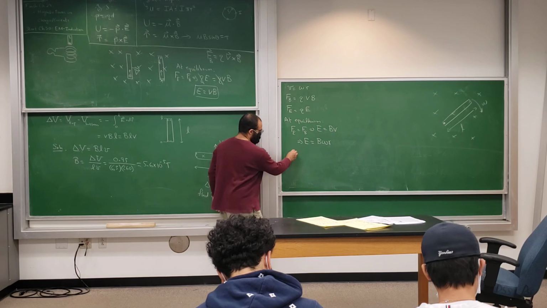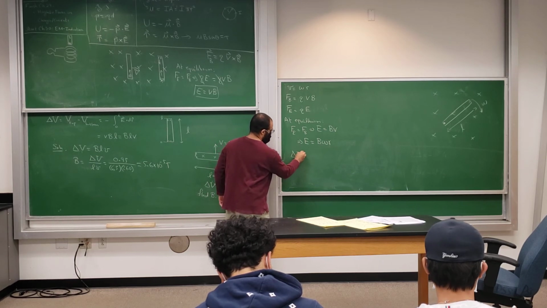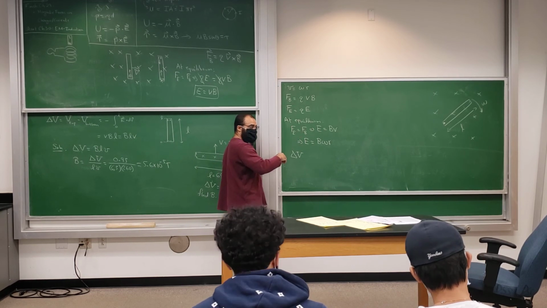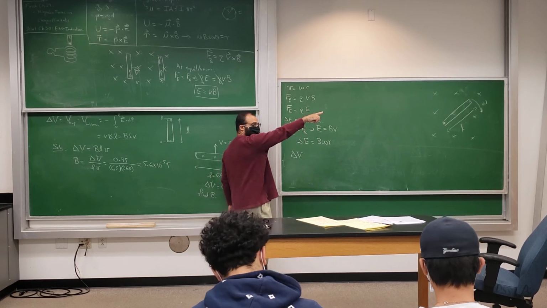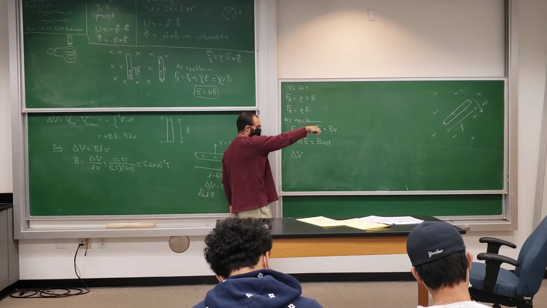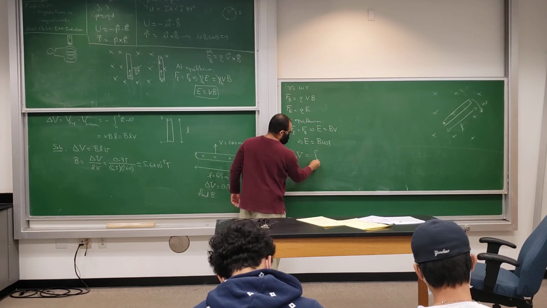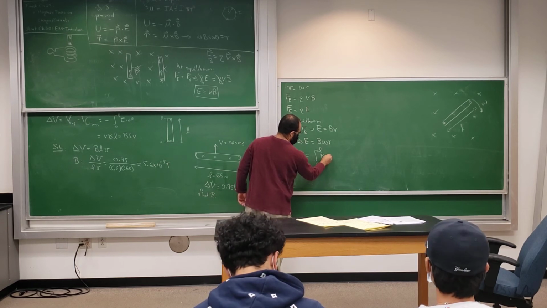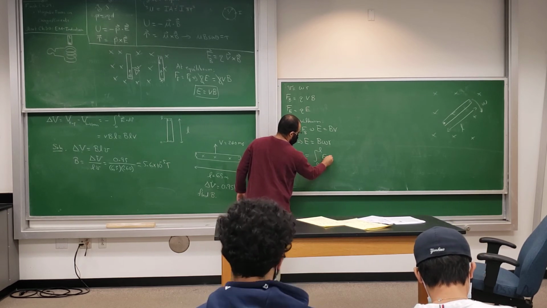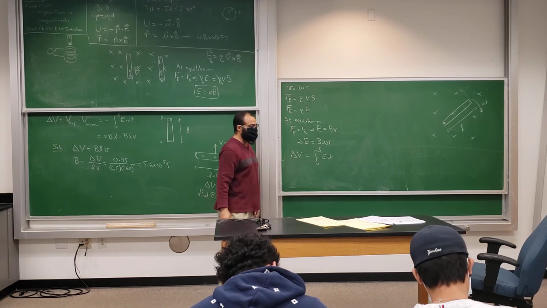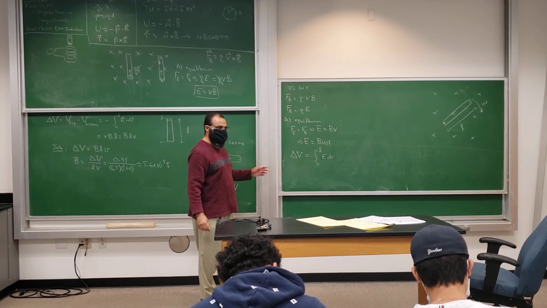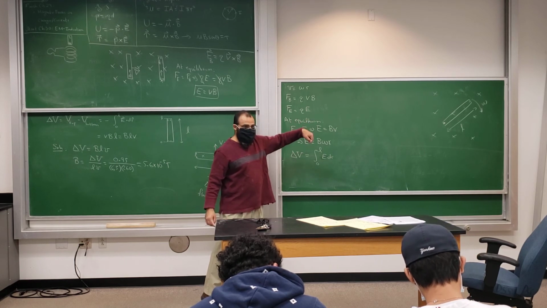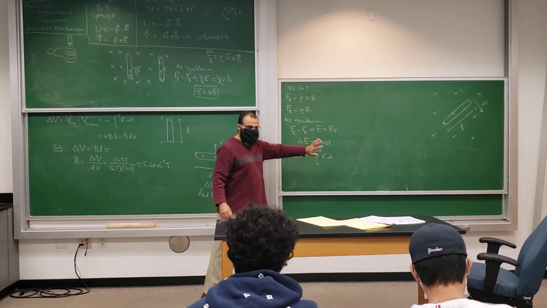So delta V, the potential difference between the one end and the other. I know the right end would be positive, at a higher potential than this one, so just integrate. It would be the integral from 0 to L of E dr. Technically it's E dot dr with a minus sign, but E points in the negative r hat direction, so it turns out to be positive.